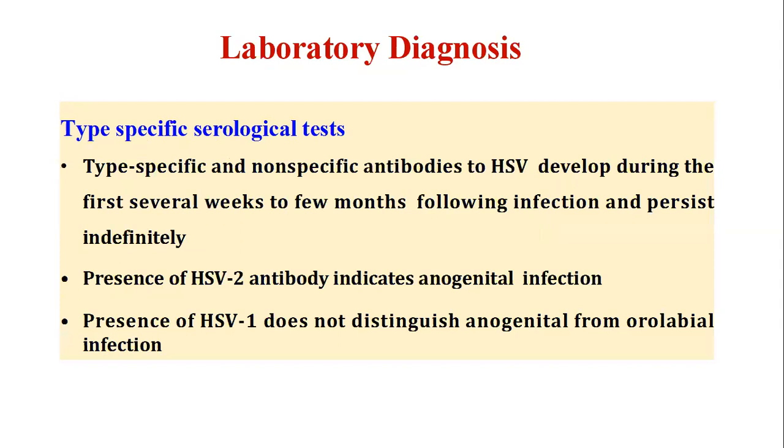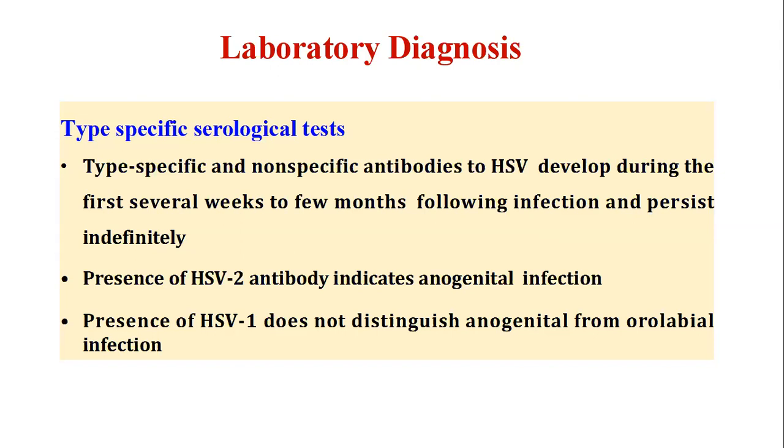To confirm whether it's HSV1 or HSV2, you cannot go for a non-specific antibody test. You should go for a type-specific antibody test, and this type-specific antibody should be tagged with a fluorescent probe, and that fluorescent probe will tell you whether it is HSV1 or HSV2 infection within the first few weeks to few months following infection, and persistent infection is there because they maintain the latency.